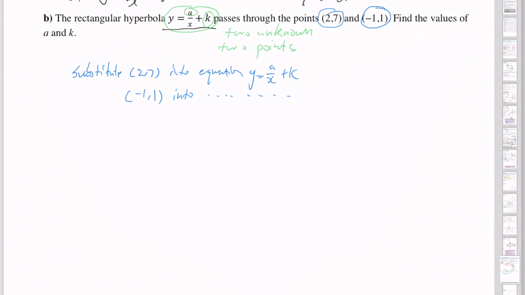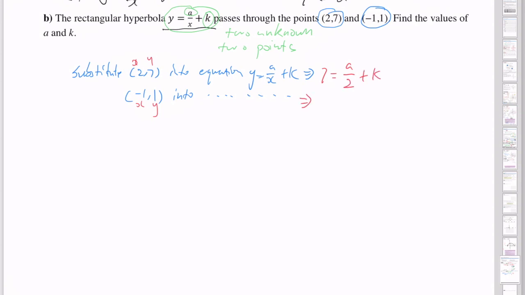That is my x, that is my y. For the first point, when y is equal to 7, x is equal to 2, so 7 equals a over 2 plus k.